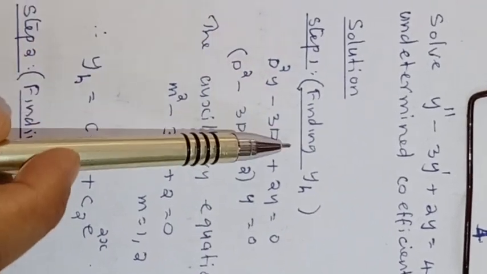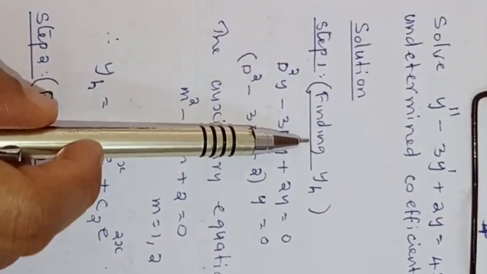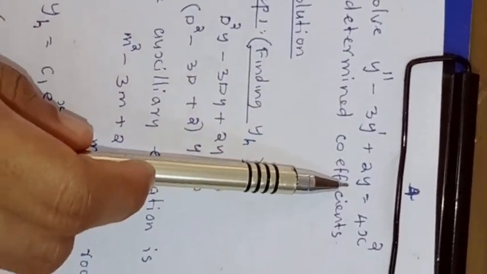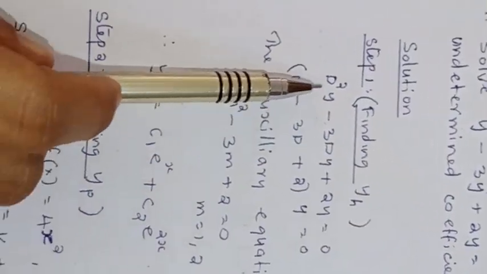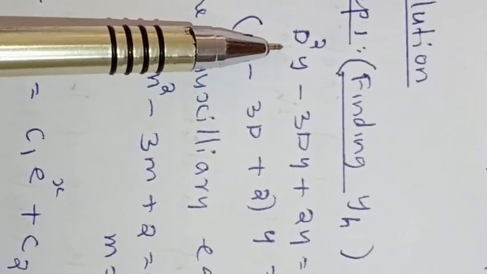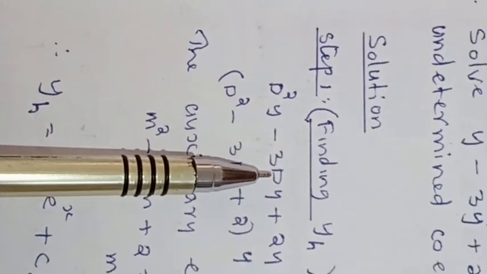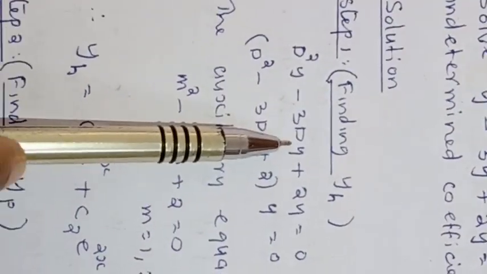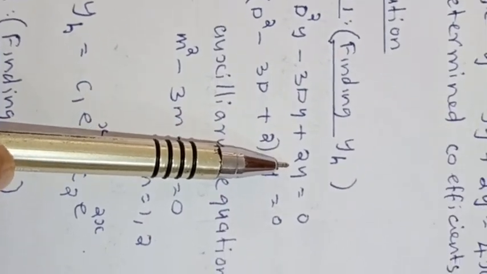In step 1, we are finding YH. First, you convert this differential equation in terms of the operator capital D. So the first term y double dash becomes D square y, minus 3y dash; y dash is Dy, so minus 3Dy plus 2y equal to 0.